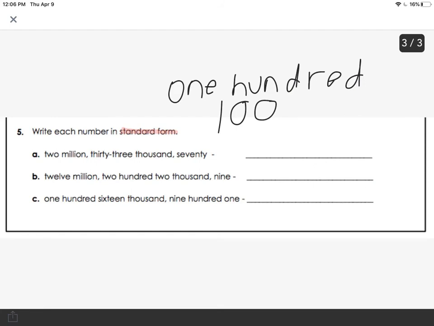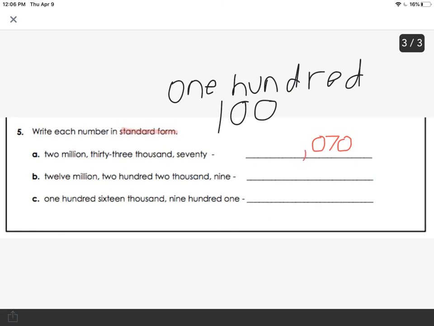So we're putting it into numbers. Remember, if they don't give you a value for a place value, so if it doesn't say how many ones there are, that means that there's 0. So I see part A, 2,033,070. Since it doesn't say 71 or 72, that tells me that my number is going to end in 70. It also doesn't tell me hundreds place value, so I'm going to put a 0 there.